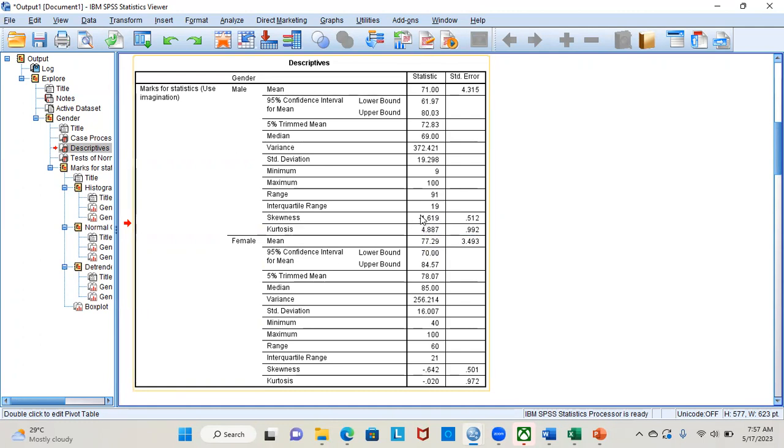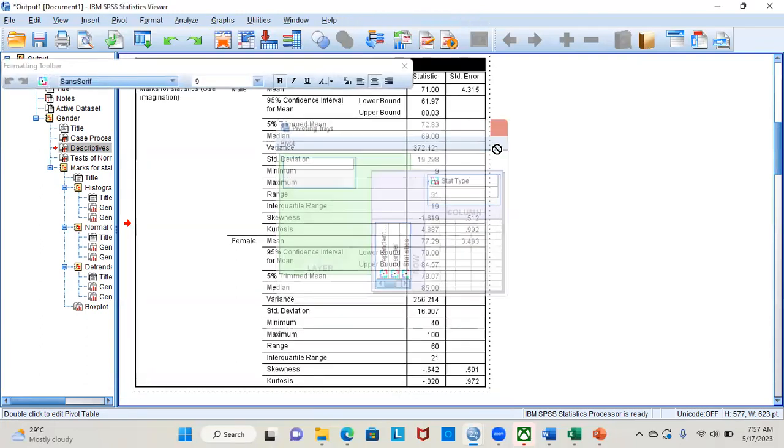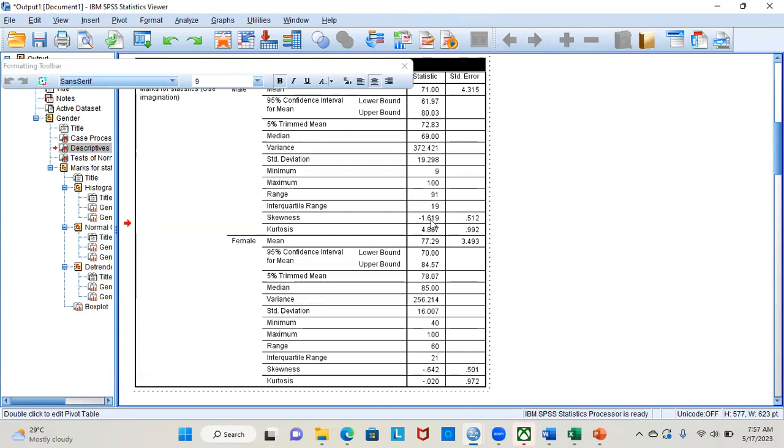For male students, the skewness measure is minus 1.619, and the standard error, in the second column, is 0.512. So the skewness Z value is minus 1.619 divided by the standard error, which is 0.512.